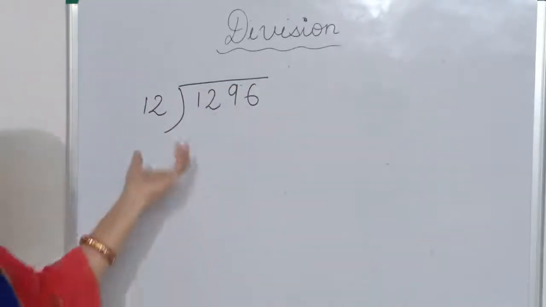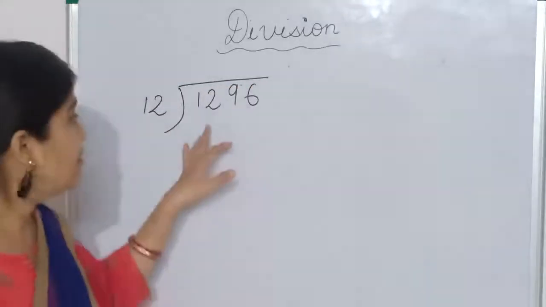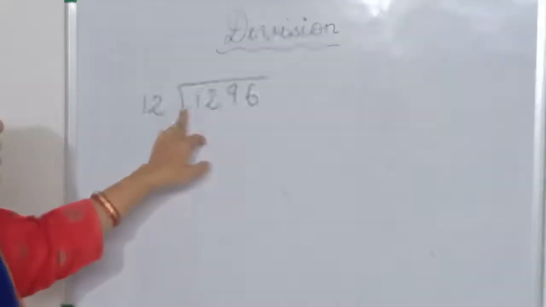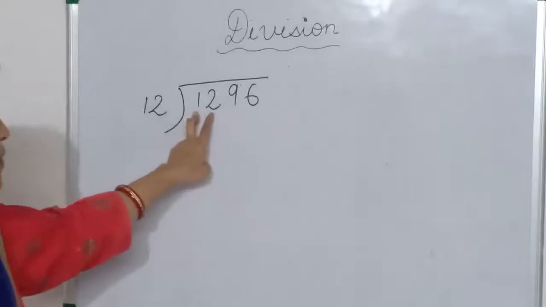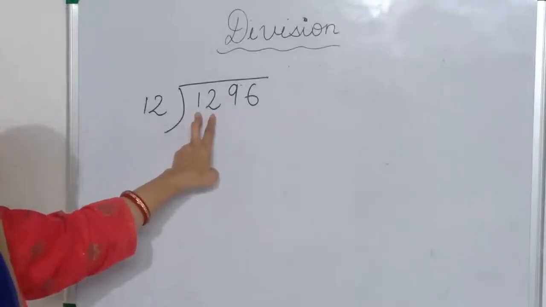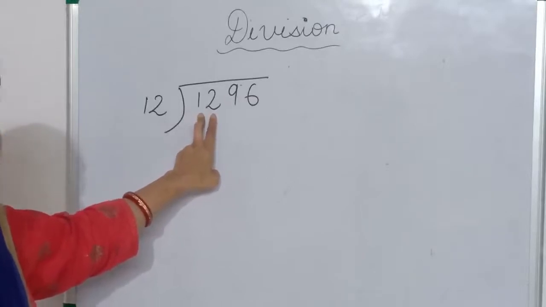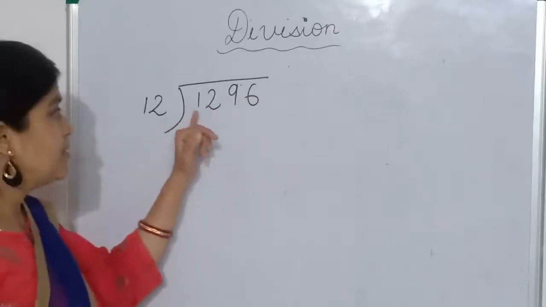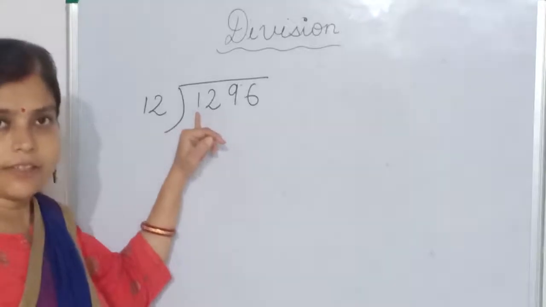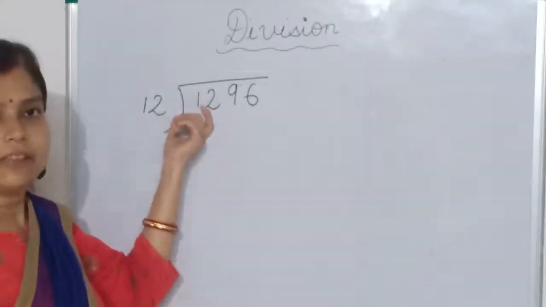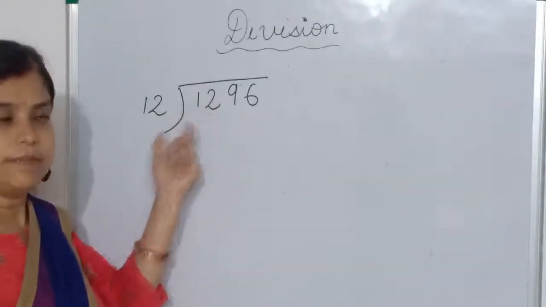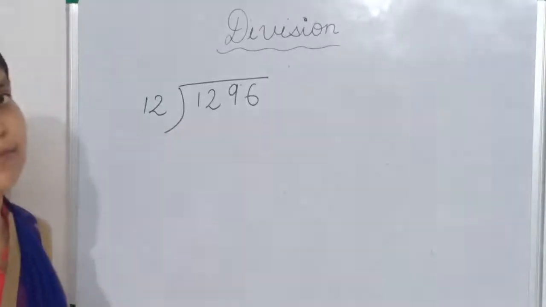Again in division, we start from the higher place value, so we will start from here only. First we see the 1000 place, it is 1. We will take the 100 place together with it, that is 1200, because in the 1000 place there is 1, which is less than 12. So I will divide 1200 by 12.